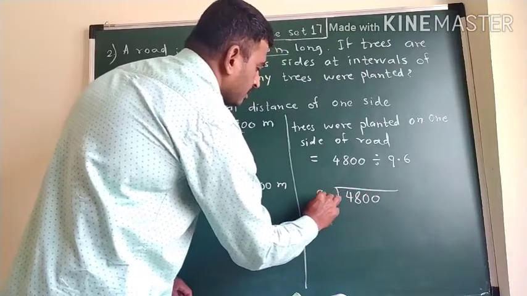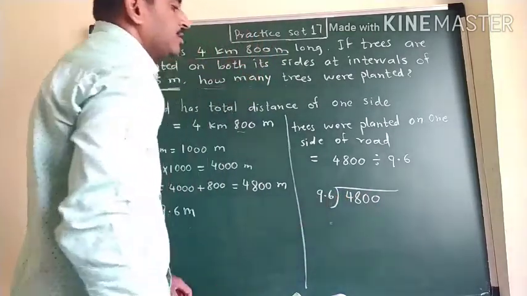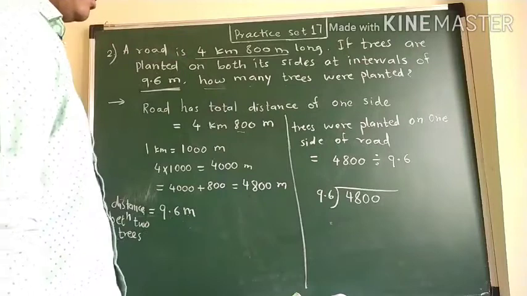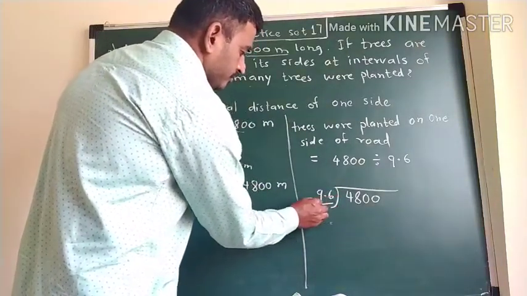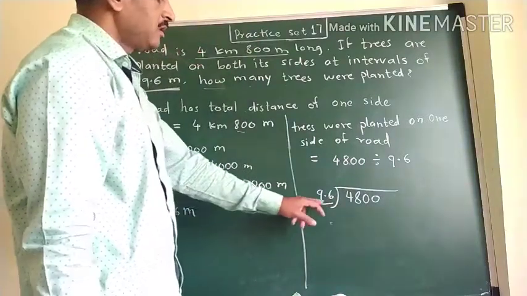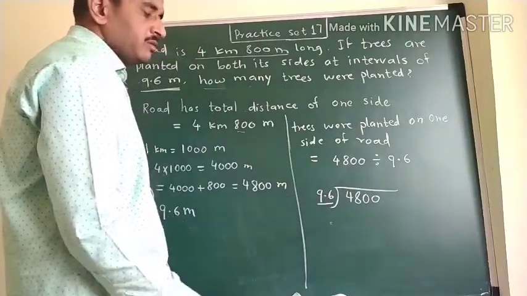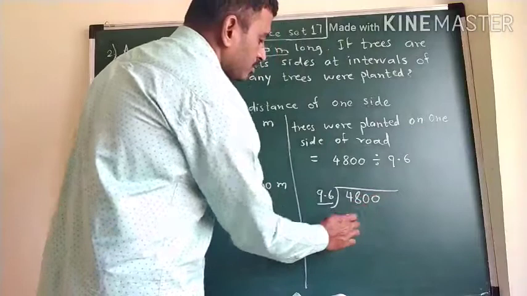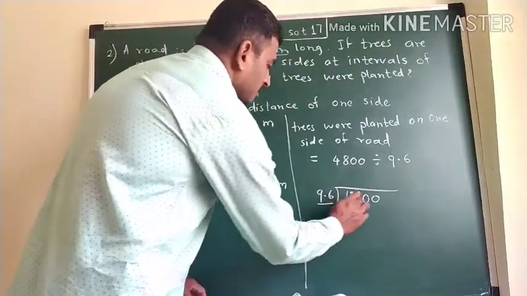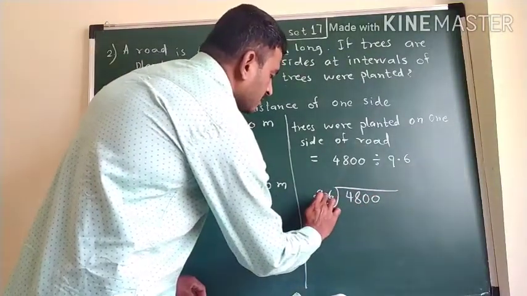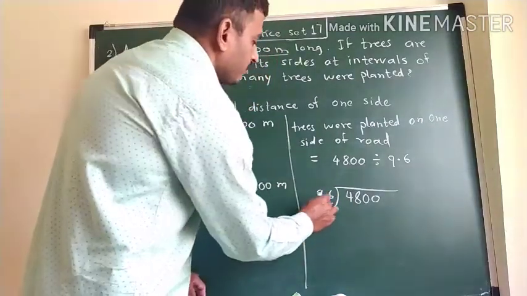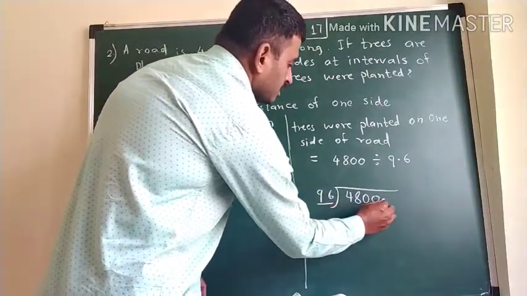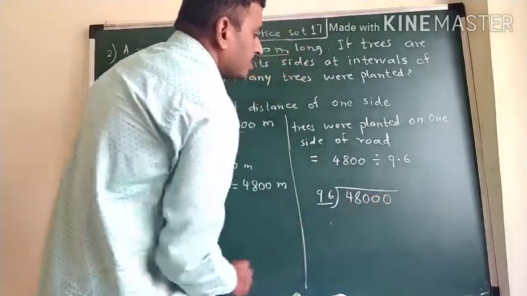4800 and 9.6. If you want to cancel this decimal point, then we have to take one extra zero in the number inside this sign. So when we cut the decimal point, we have to give an extra zero.